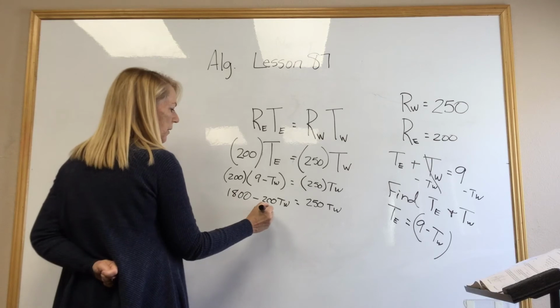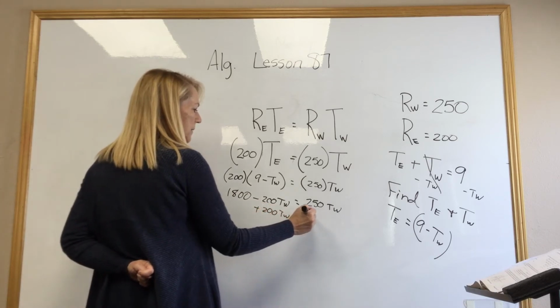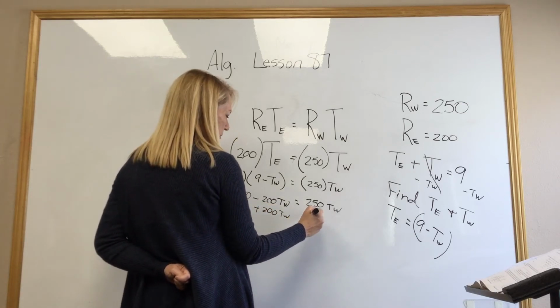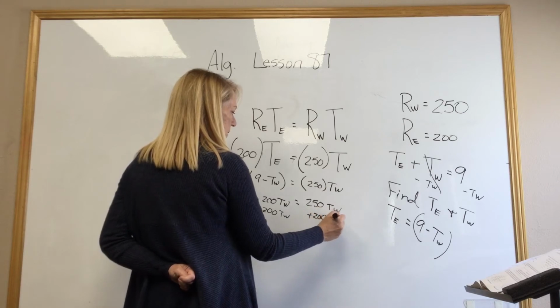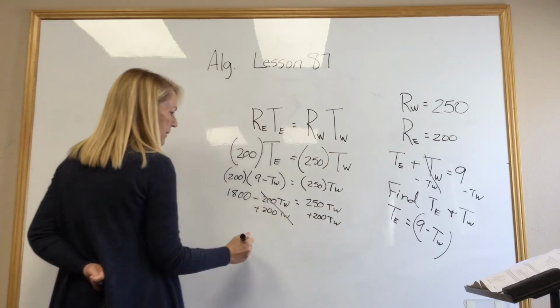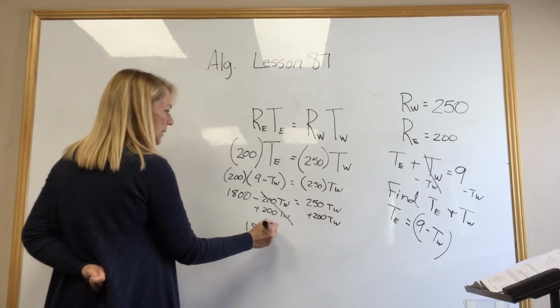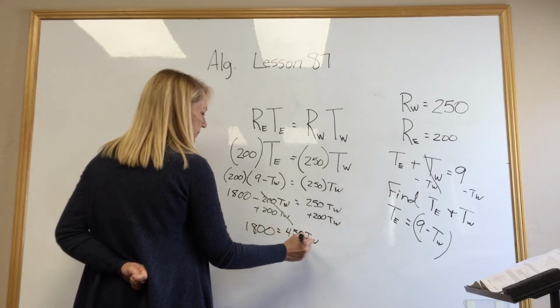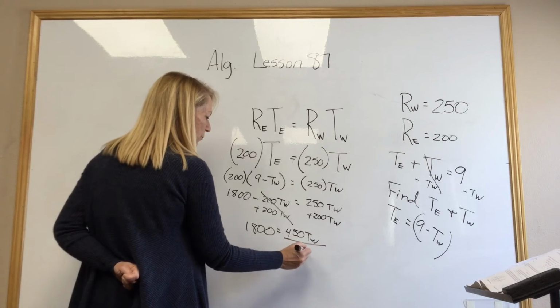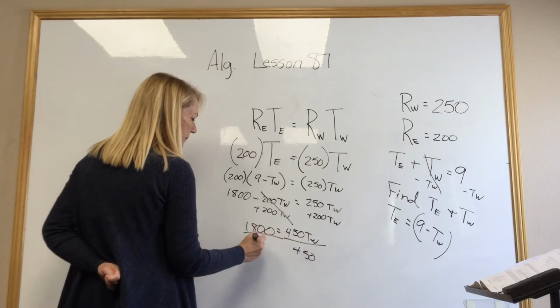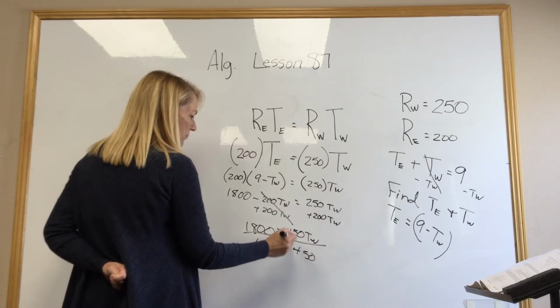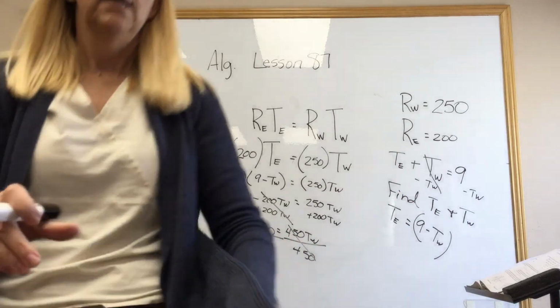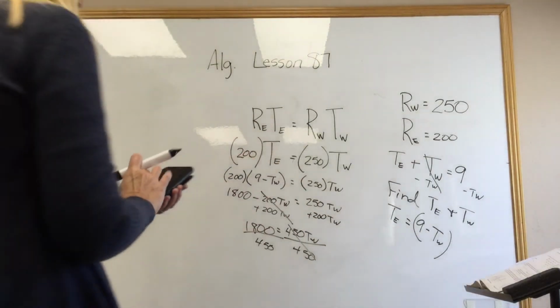So I'm going to add 200 TW to both sides to get them all together. That eliminates it from this side, so then I have 1800 equals 450 TW. I'm going to divide both sides by 450 to isolate my variable, and I don't know that off the top of my head, so I'm going to use my calculator.